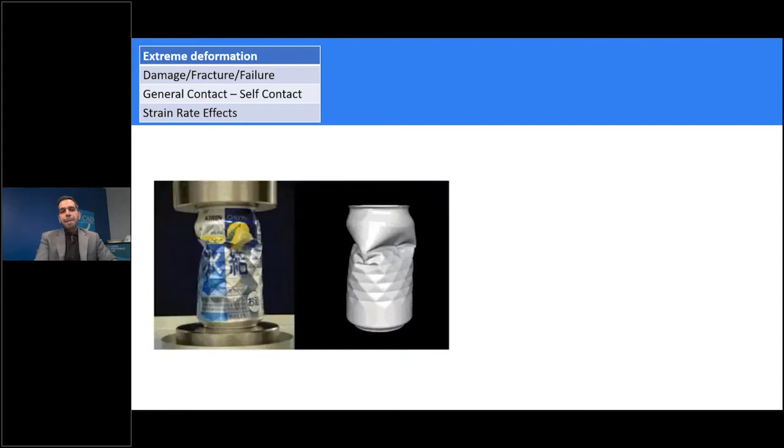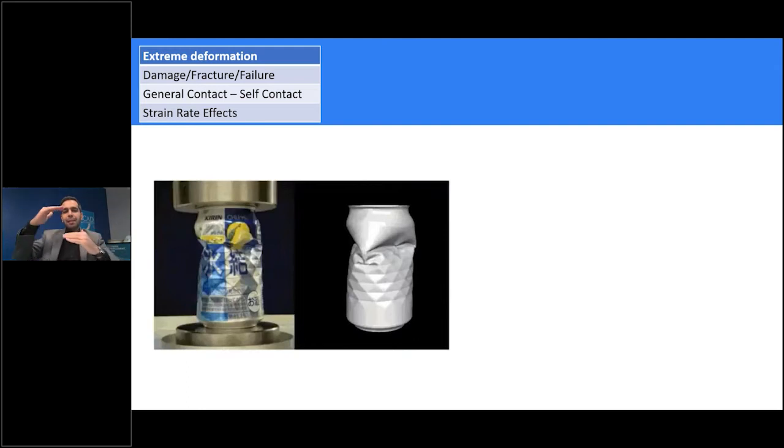For example, when we look at this can that is being crushed, a lot of engineering comes into the picture that is even at the level of science, like you need to make sure that the plasticity is completely covered.